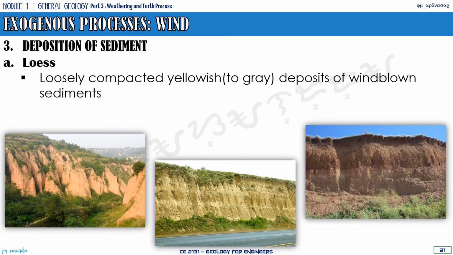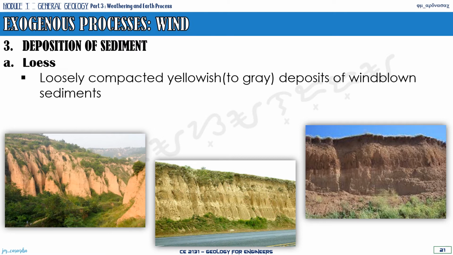So, example of your loess are these figures. Na-form siya because of the wind blowing the sediments. Nadadala siya ng hangin, tapos it is compacted also by wind and other forces, kaya nabubuo yung ating mga loess layers.